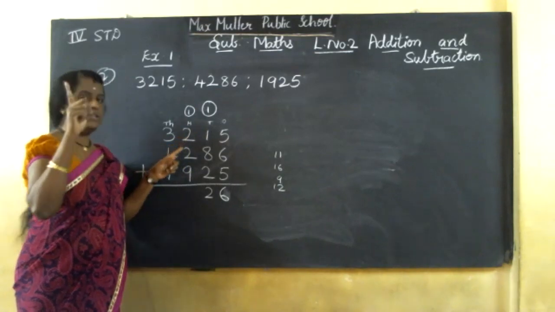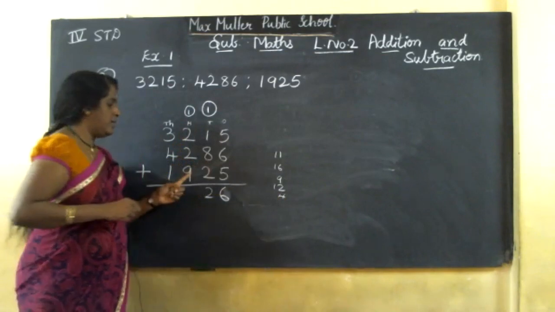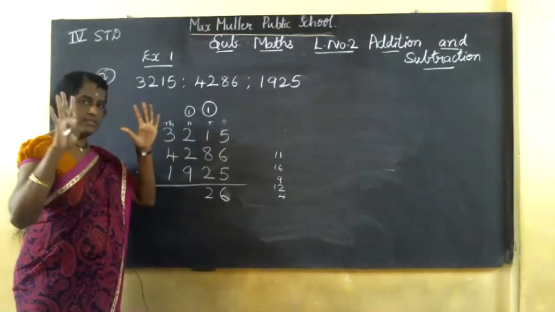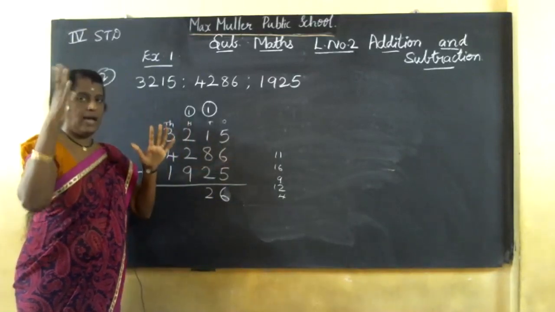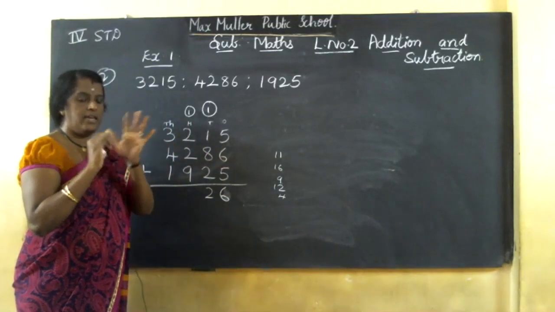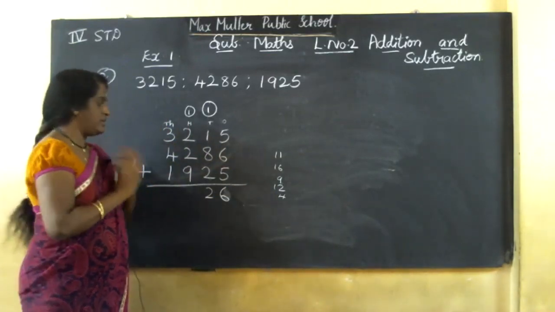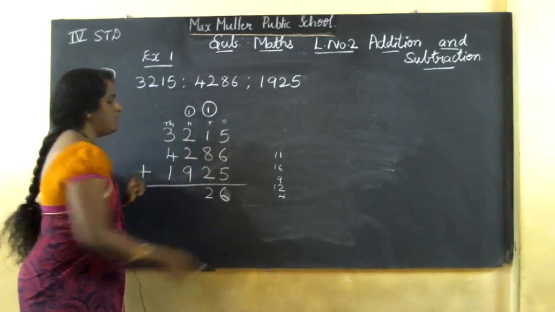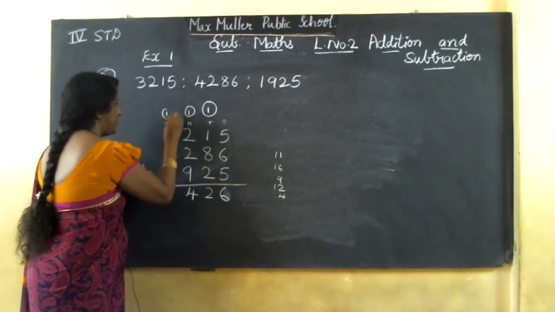After 2: 3, 4. 4 in the mind, last number, 9 on my fingers. After 4: 5, 6, 7, 8, 9, 10, 11, 12, 13. When it comes 13 plus 1, 14.